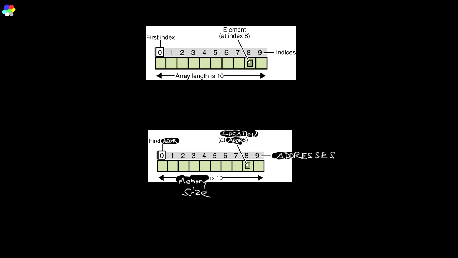In memory, it's the same idea, only we don't call them elements, we call them locations, and we don't call them indices, we call them addresses. And every location is a byte. B-Y-T-E. We'll talk about that a little bit later.